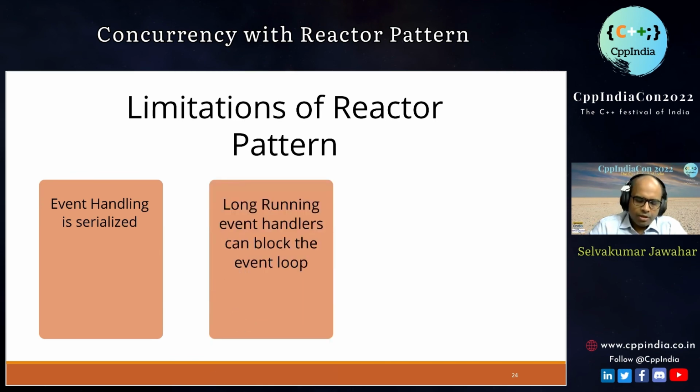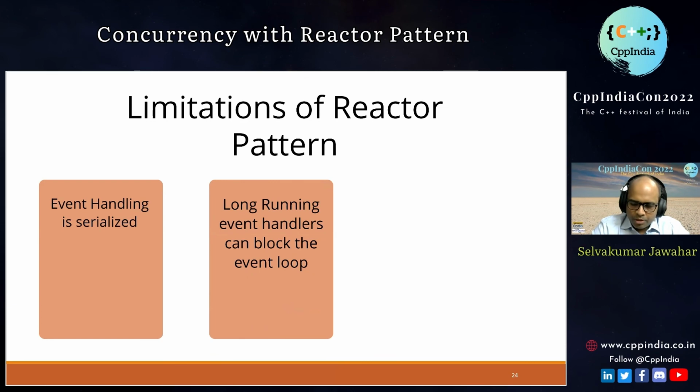The second limitation is the event handler. You cannot do anything in the event handler which is more CPU intensive or long running, because it will block the event queue. Suppose an event handler is doing some number crunching, or something which will take a long time to complete.